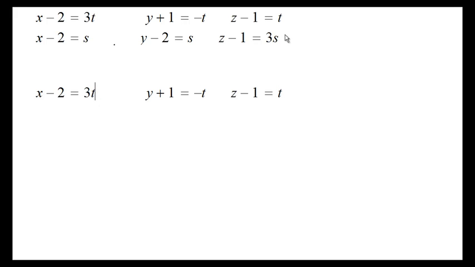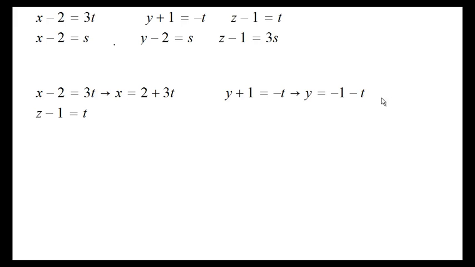So this gives us that x is 2 plus 3t, and y is -1 minus t, and z is 1 plus t.